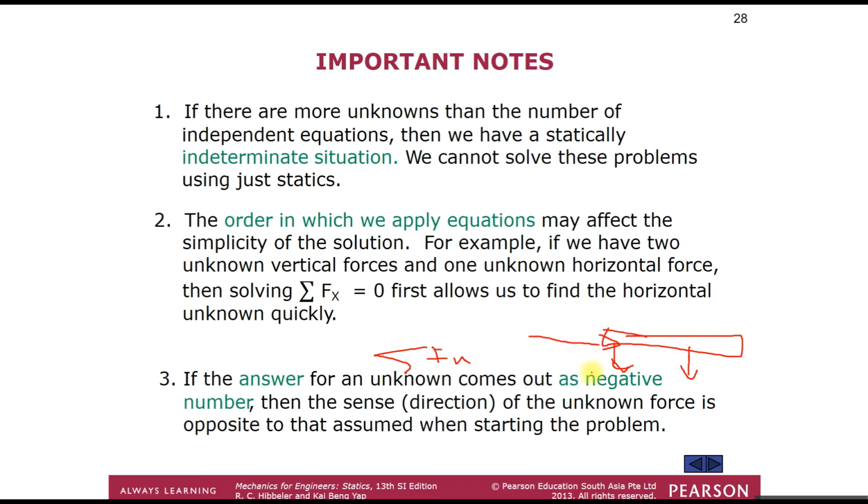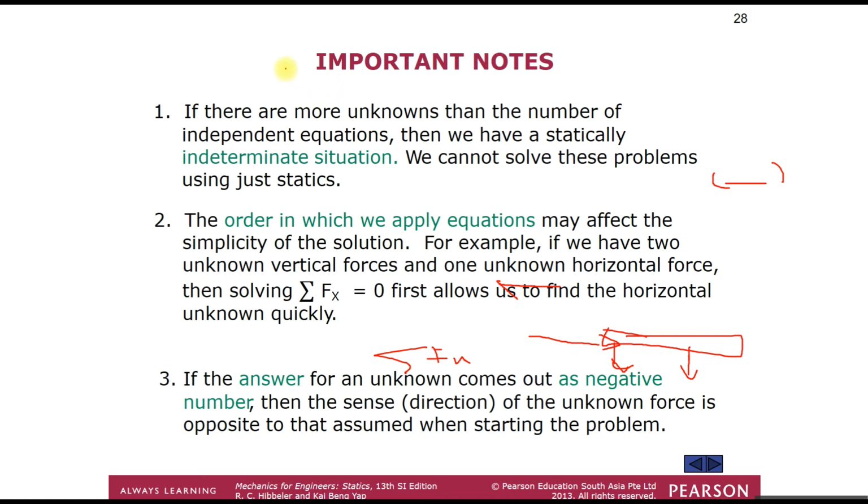Okay, so if the answer for an unknown comes out negative, then the sense of direction of the force is opposite to that assumed. This is also a good rule of thumb. When we come to the analysis and we find that the force is a negative value, then we know that the correct direction is the opposite of what we drew.